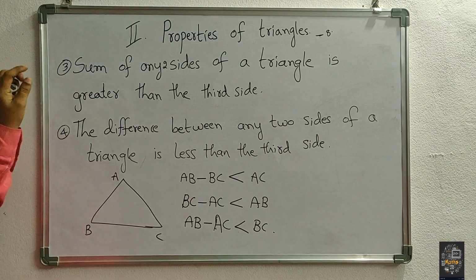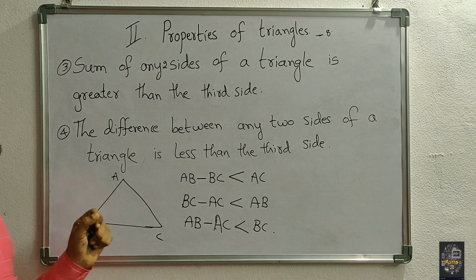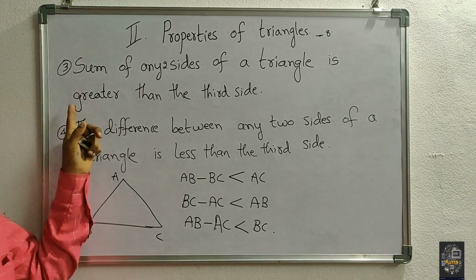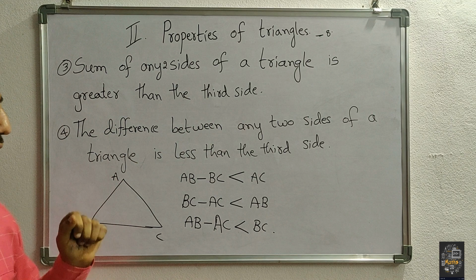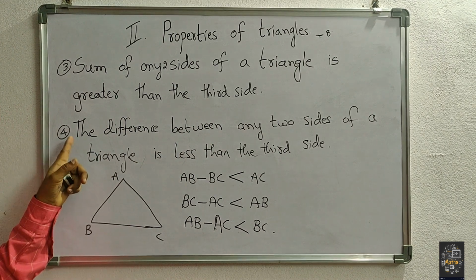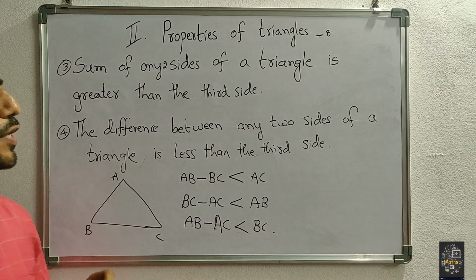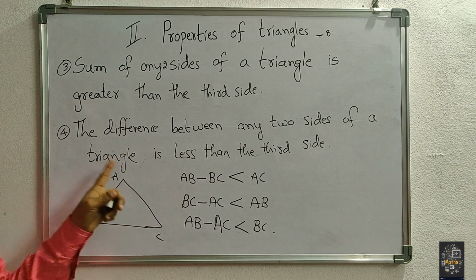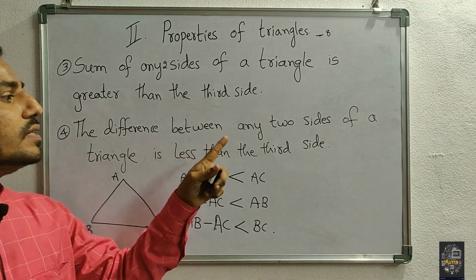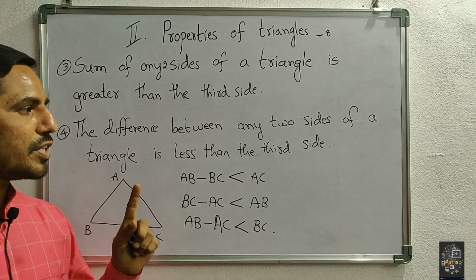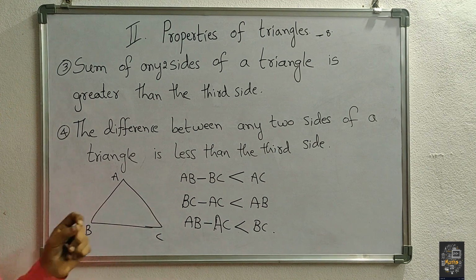Once again, I will read the third one and the fourth one. The sum of any two sides of a triangle is greater than the third side. Next, the difference between any two sides of a triangle is less than the third side. Okay, I will repeat first one, second one, third, fourth.